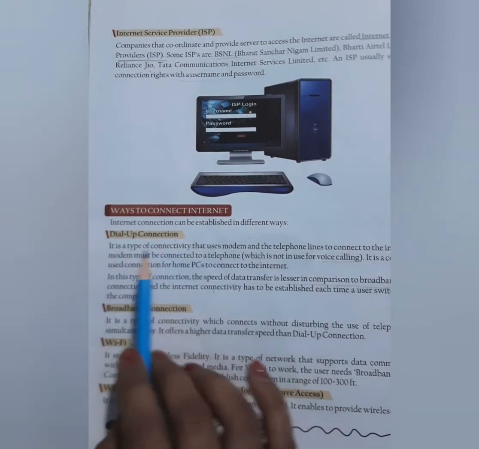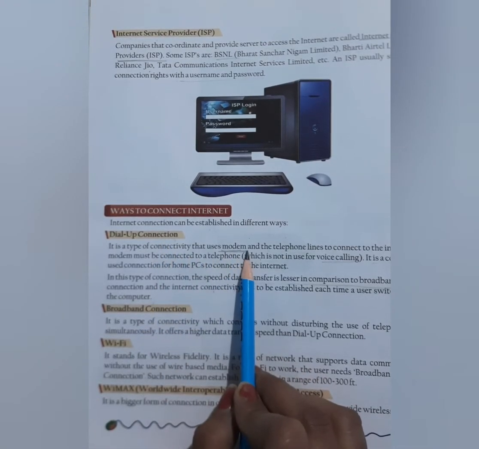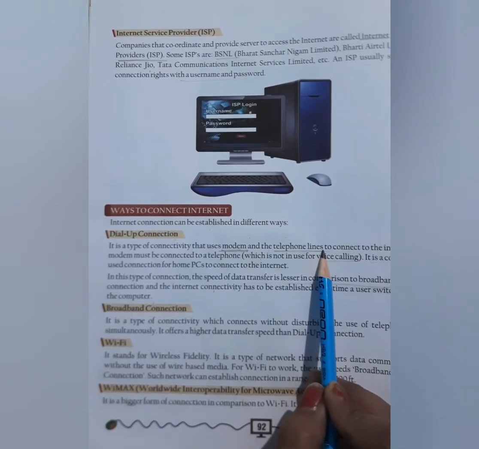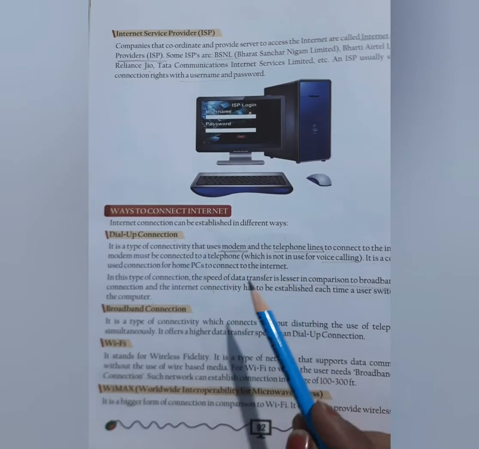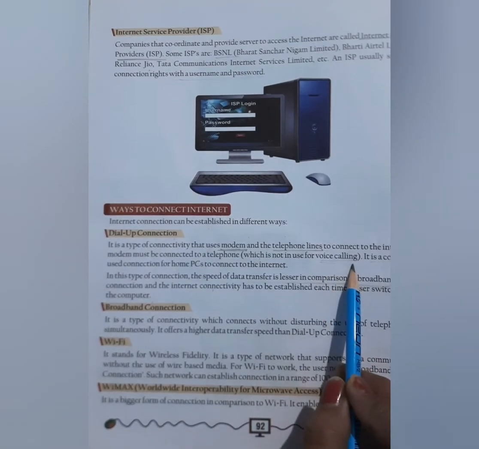So children, in this dial-up connection, one modem is required. The modem and the telephone lines will help to connect to the internet. You have to dial a particular number from the telephone which is connected to the system, and that telephone should not have any voice calling facility.